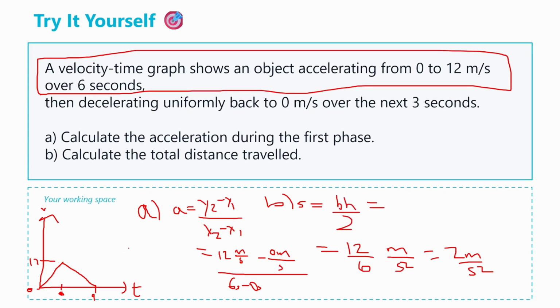So the base here is 9 seconds and the height here is 12 meters per second, and divide that by 2, seconds cancel. So this becomes 6 times 9, which is 54. 54 meters is our answer.